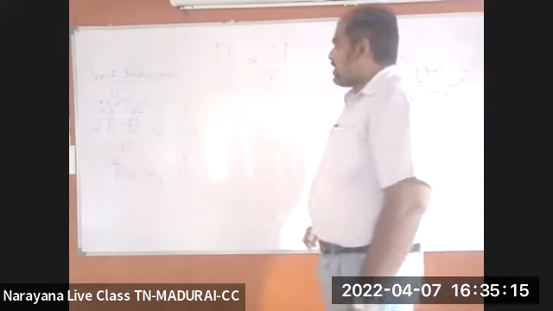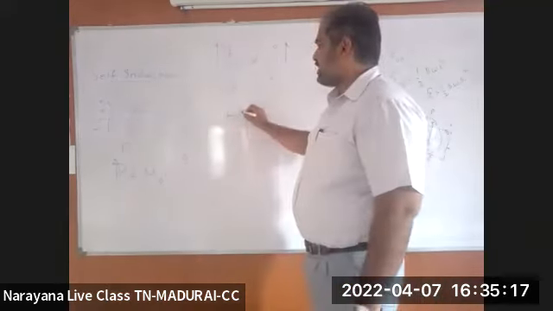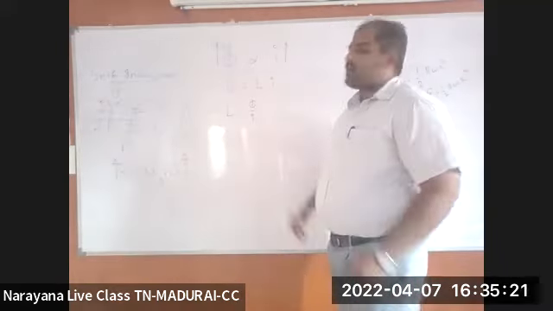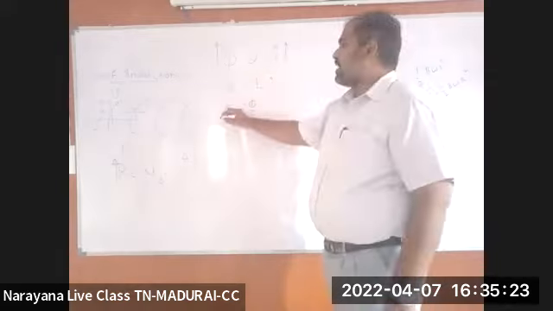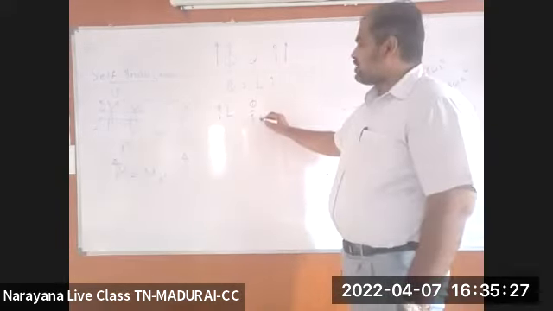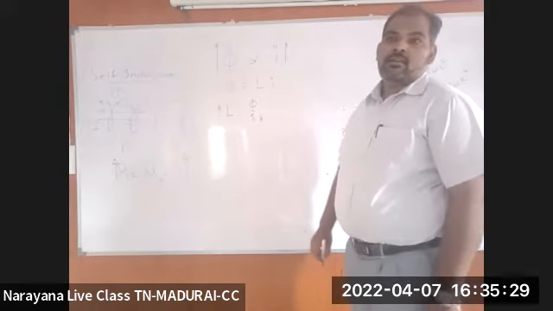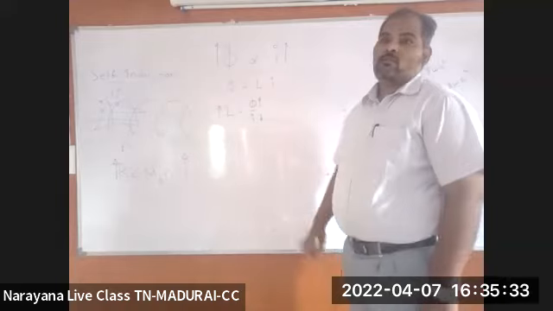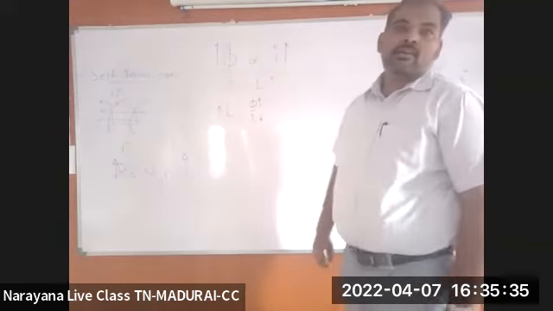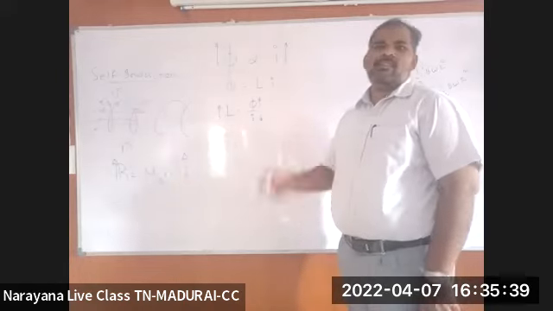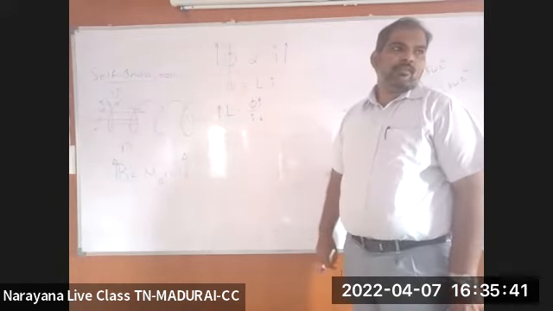So here how can I define the coefficient of self-inductance? The coil which is having more inductance, even though a small amount of current is flowing, if it accommodates more number of lines, more flux, you can say that coil is having more coefficient of self-induction.